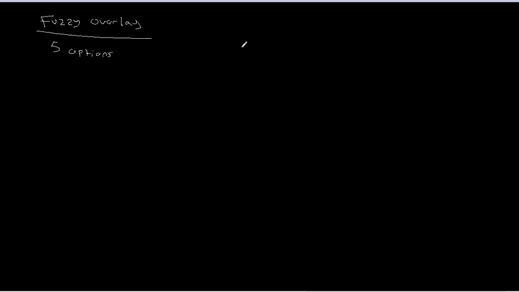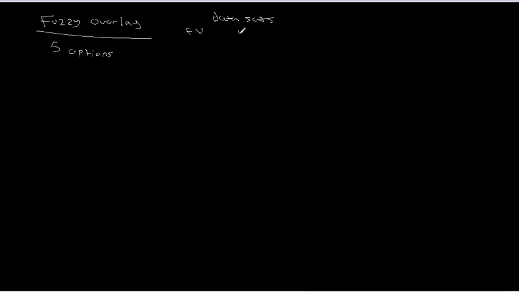And what I want us to consider is the values for 4 data sets, for 1 pixel from 4 data sets. So we have 4 data sets, and these are going to be fuzzy values.